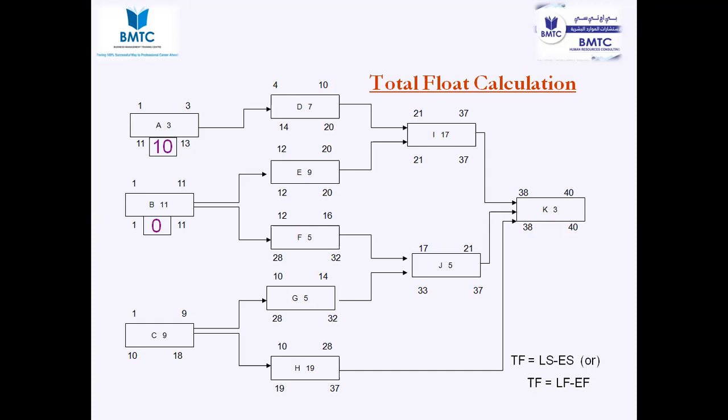What is the float for activity C? Total float, 9. What is the total float for activity D? 10. For E, 0. So it's in the critical path. What is the float for activity F? 16. What is the float for activity H? 18.